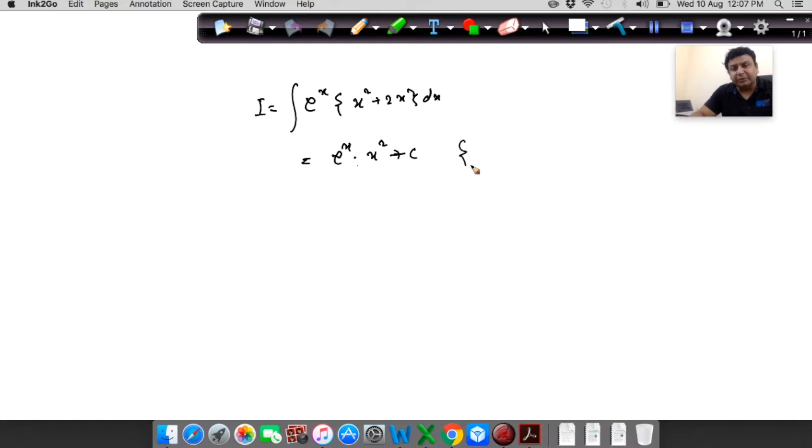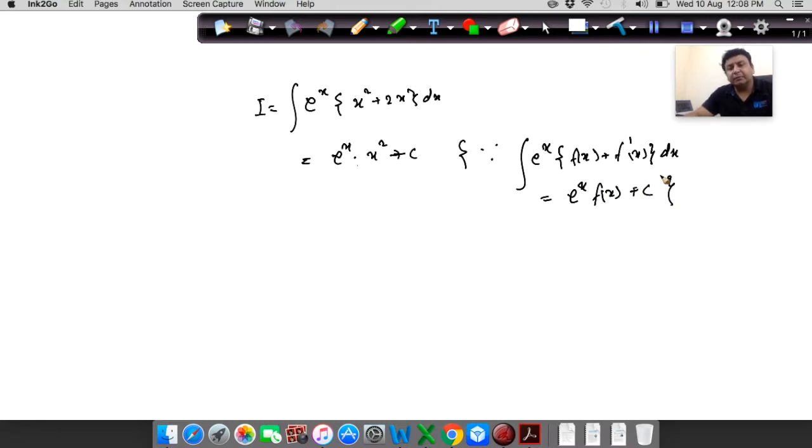You just have to mention the formula that since e to the power x, f x plus f dash x, is equal to e to the power x into f x plus c. Okay, so this will be the reason and that's it. Fine.